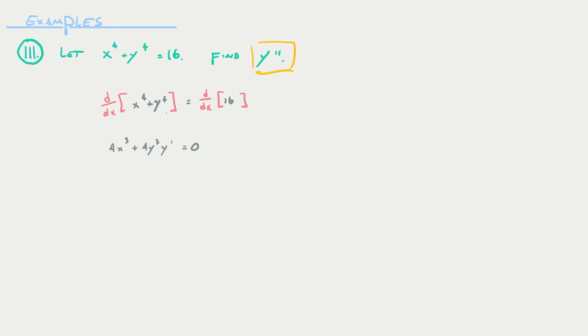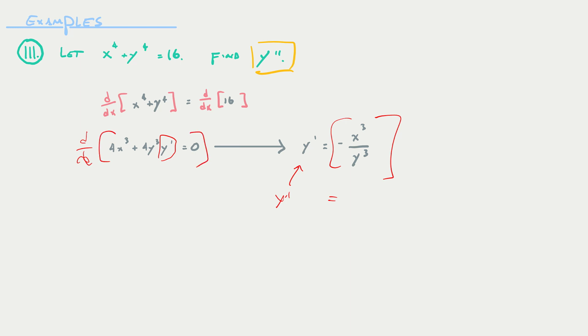We're looking for y double prime, so we should differentiate again. Now, what I actually did is I got y prime by itself so that when I differentiate this thing, it'll be in terms of y double prime. Like this just becomes y double prime, and then I just have to worry about implicitly differentiating this thing here. So that's what I did. You could just differentiate here at this stage and then solve for y double prime, right?